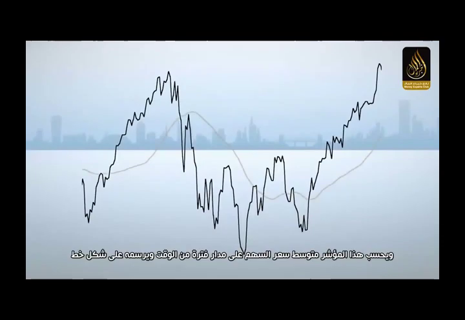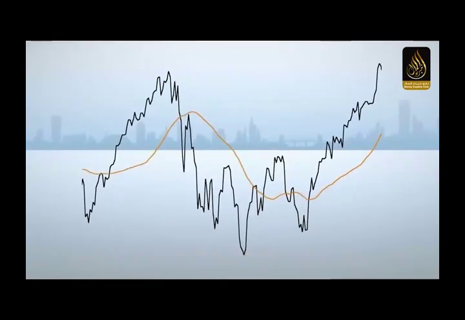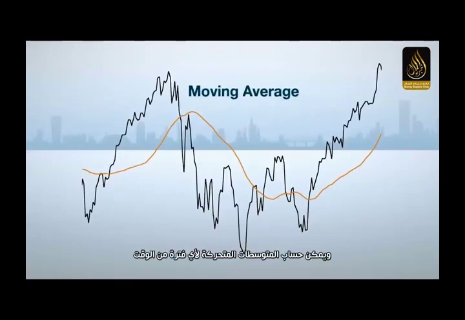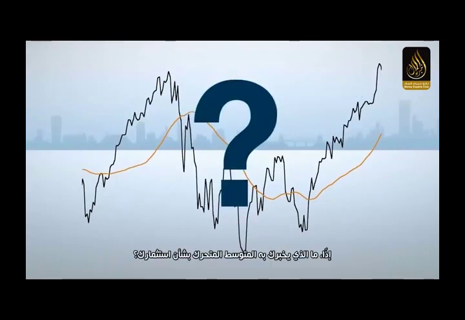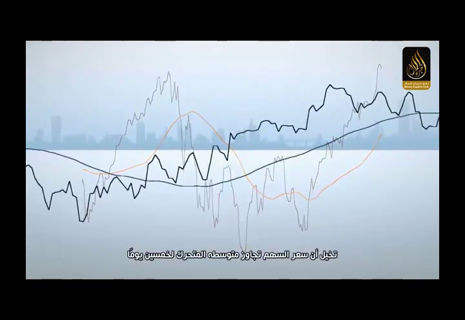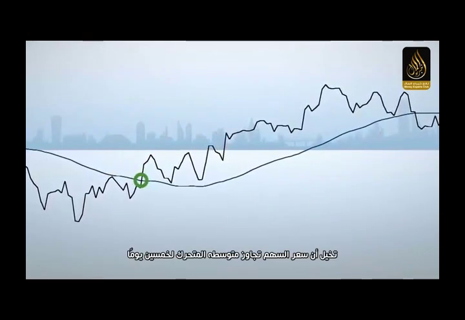This indicator averages the stock's price over a period of time and plots it as a line, which can help determine the overall trend. Moving averages can be calculated for any period of time, but one of the most common is 50 days. So what does a moving average tell you about an investment? Imagine a stock's price crosses above its 50-day moving average.